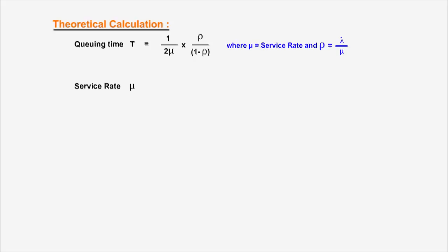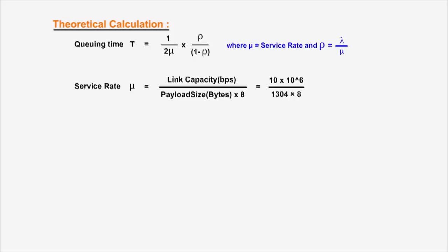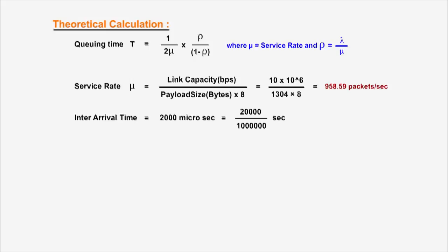Service rate mu is given as link capacity in bits per second divided by payload in bytes into 8. This is 10 into 10 to the power 6 divided by 1304 into 8, which gives us a value of 958.59 packets per second. Inter-arrival time is equal to 2000 microseconds, and the arrival rate, which is equal to 1 upon the inter-arrival time, turns out to be equal to 500 packets per second.